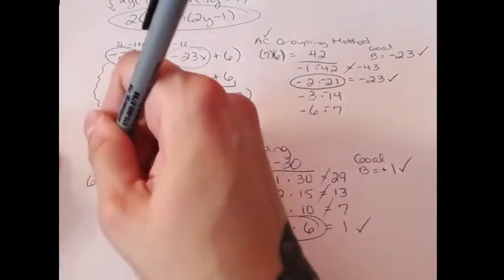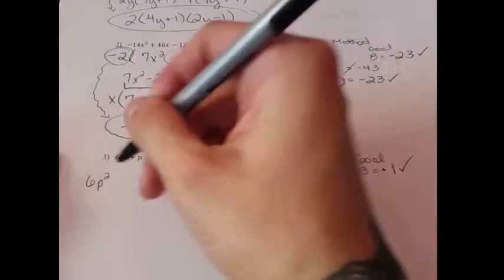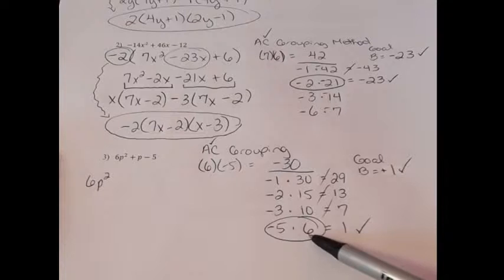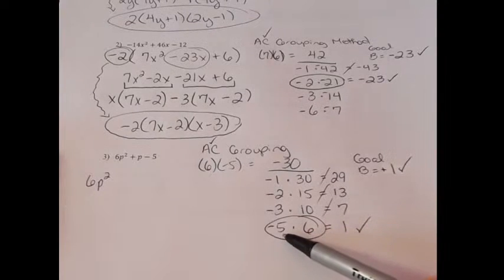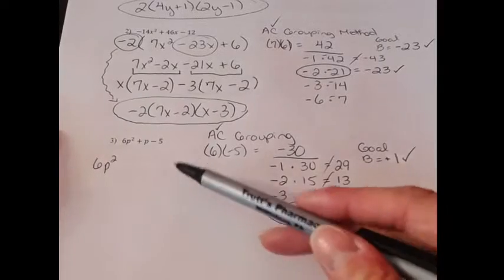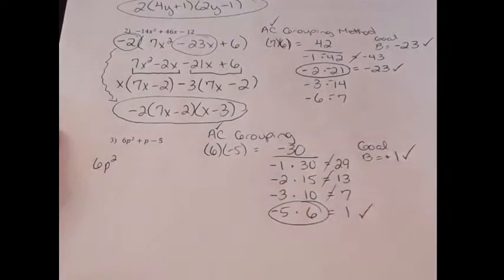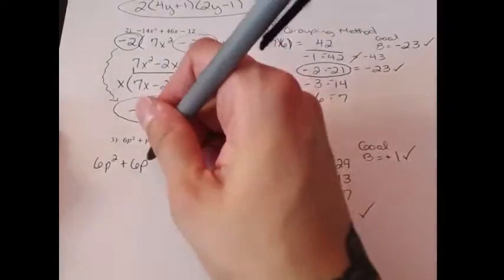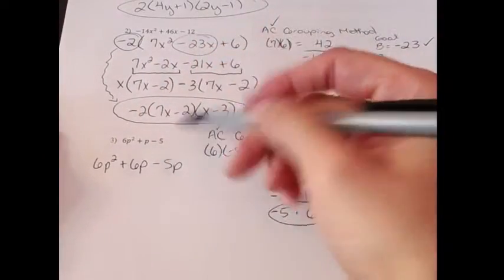So we have 6p squared minus, you know what? You could write minus 5p, then plus 6p, or you could write 6p, then minus 5p. What I'm going to do is I'm actually going to switch the order. I'm going to put the 6p next to the 6p squared. So we have plus 6p minus 5p minus 5.